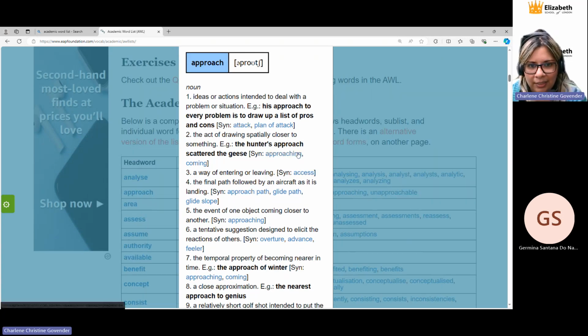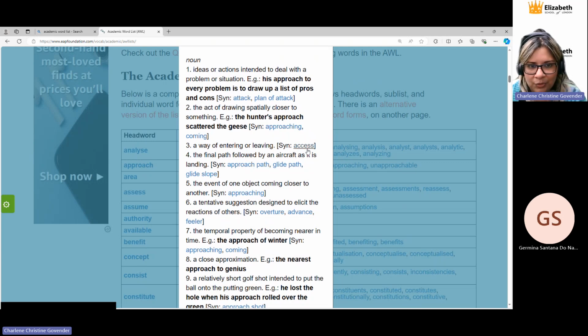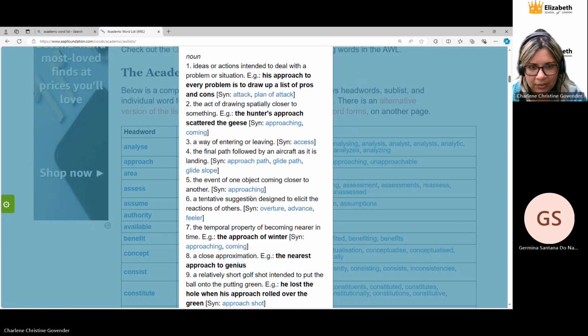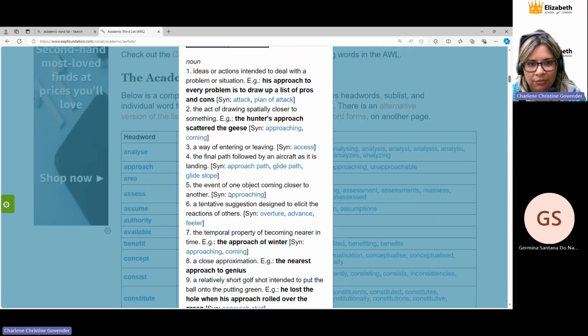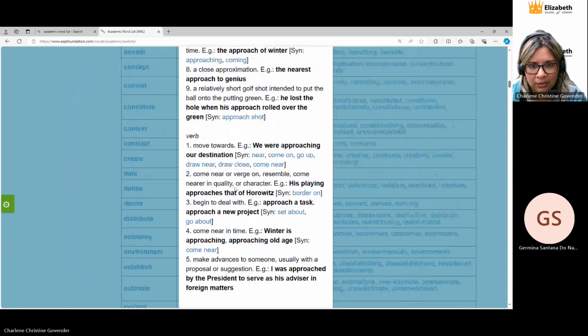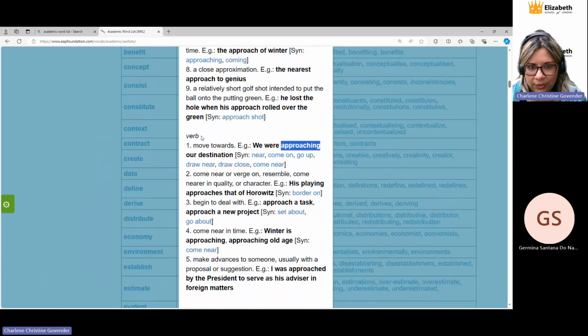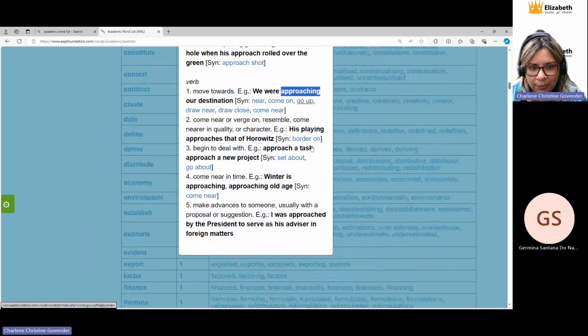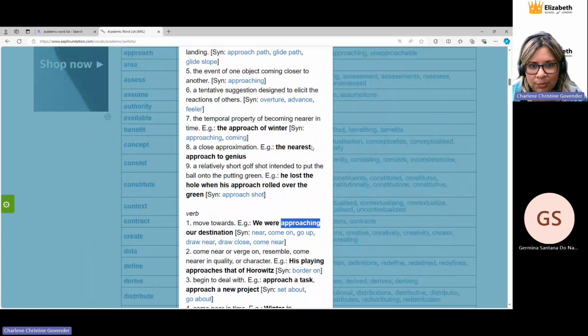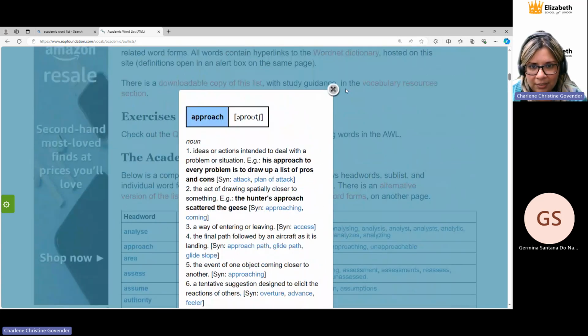And then I have approaching has a synonym, which is access. And then it tells me the verb. We are approaching. So the base word itself is approach, and then the verb is approaching. So it gives me a lot more information.